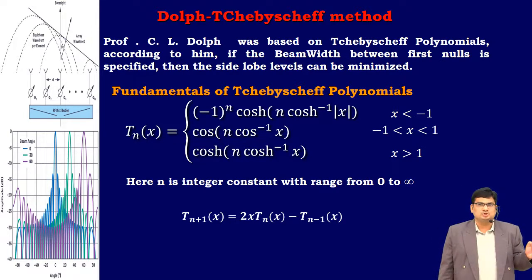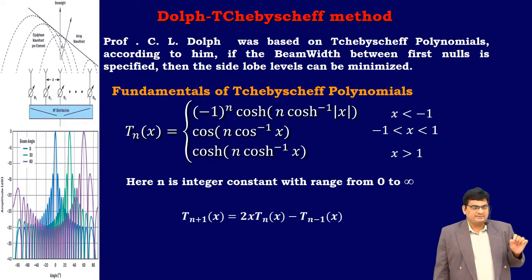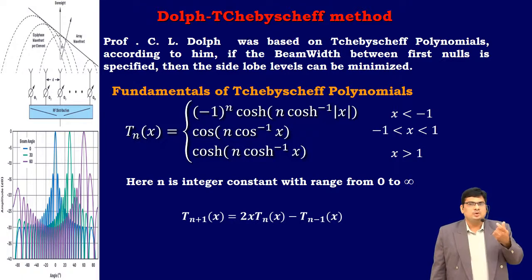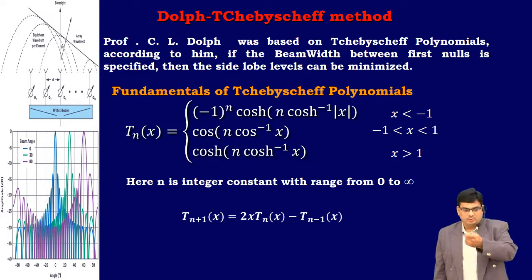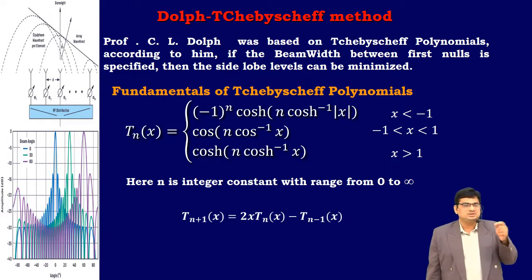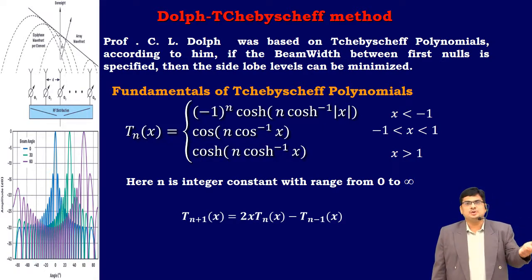That is the Chebyshev polynomial, which we represent as Tn of x, where x lies between minus 1 and 1, that is, minus 1 is less than x is less than 1. This is the formula we use to find the Chebyshev polynomials.